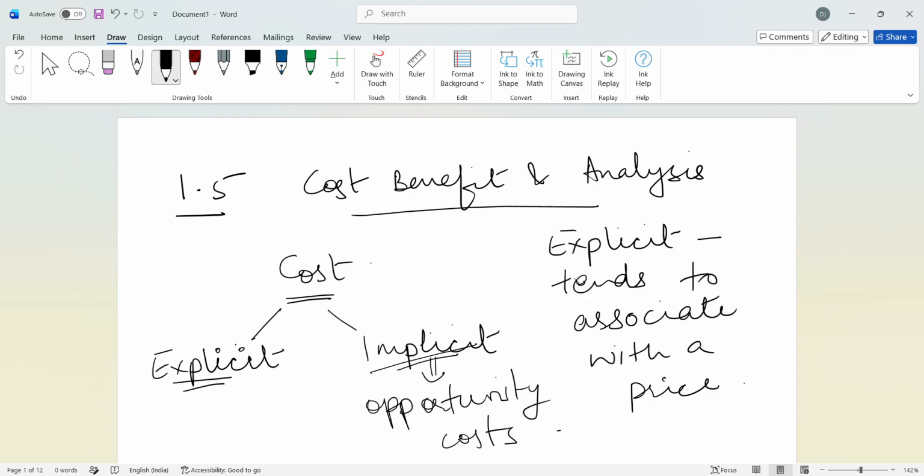That's the cost. All right. Generally, what happens, accountants, they don't take into consideration this cost. But economists, they take into consideration both the explicit plus the implicit costs. Okay, we'll come to this later with an example.